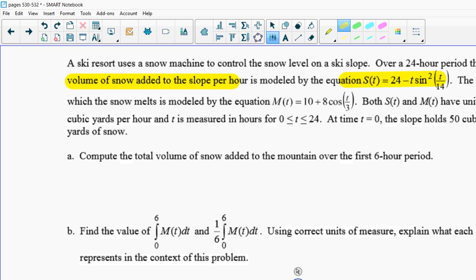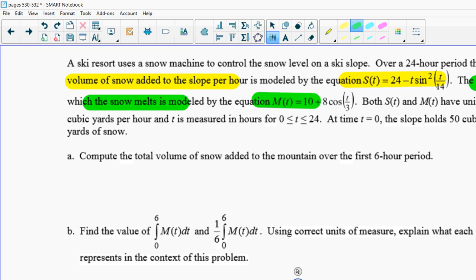Now, is that a rate? Because it's per hour. The rate at which the snow melts is modeled by the equation m of t. Both S of t and m of t have units of cubic yards per hour, and t is measured from 0 to 24, so that's a 24-hour period.